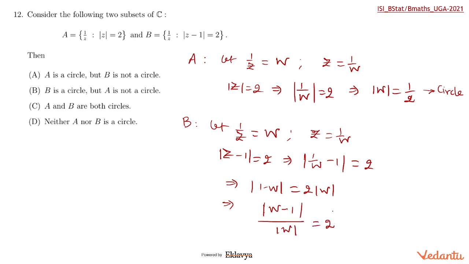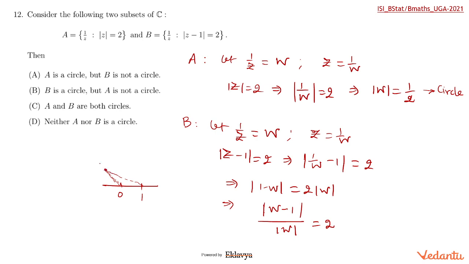So if you take the points 0 and 1, we have to find the locus of W now. W says that its distance from 1 is twice its distance from 0.